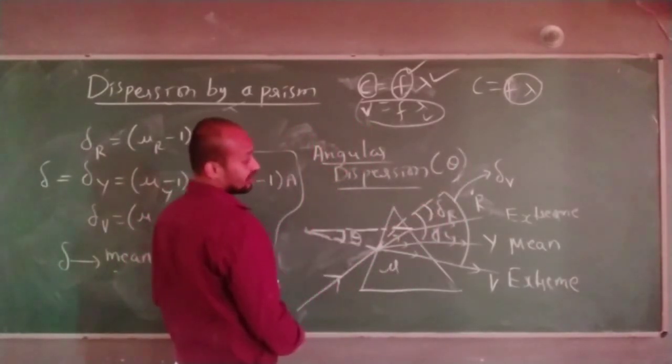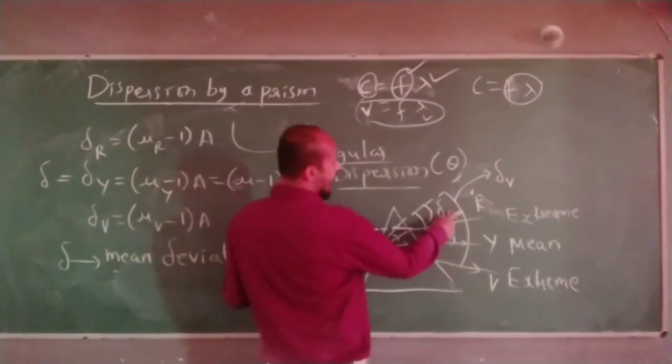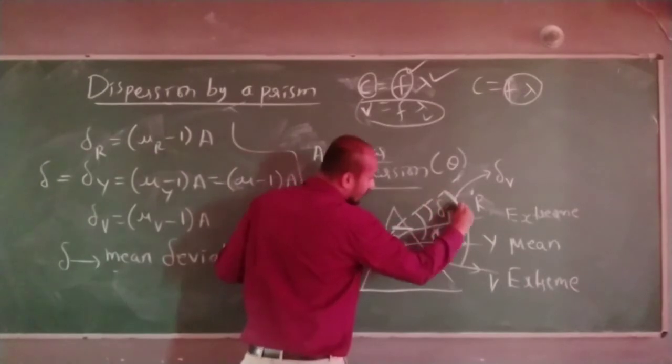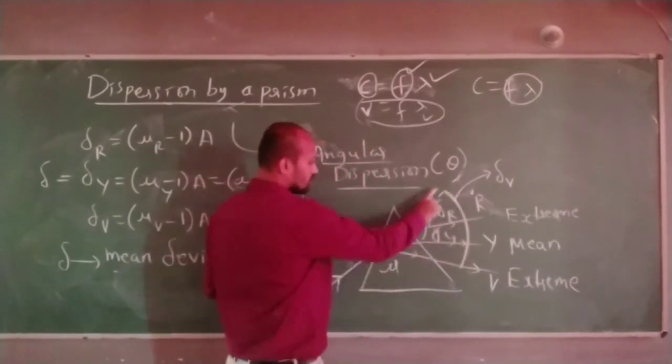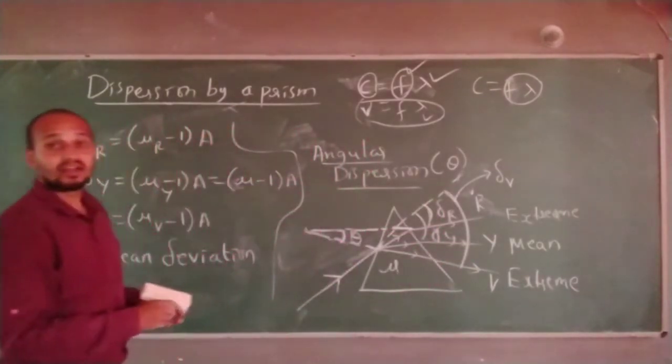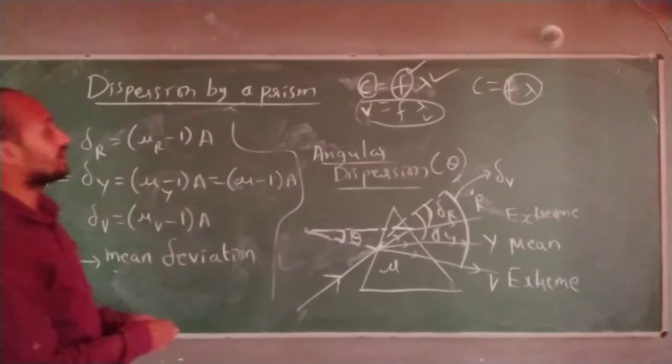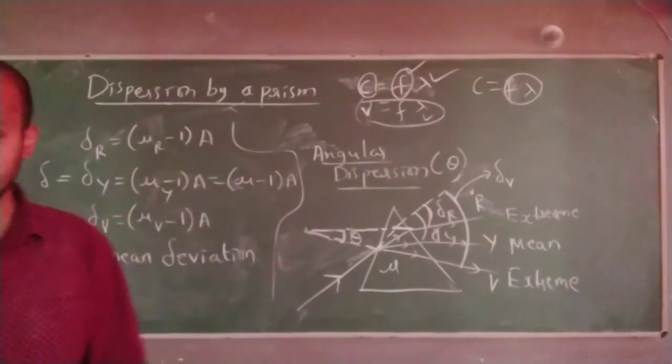What is theta? Theta is the angle between them: dou v minus dou r. Dou v minus dou r is nothing but angular dispersion. Are you understanding? Angular dispersion is given by... where can I write? One minute, I will bring the chart.